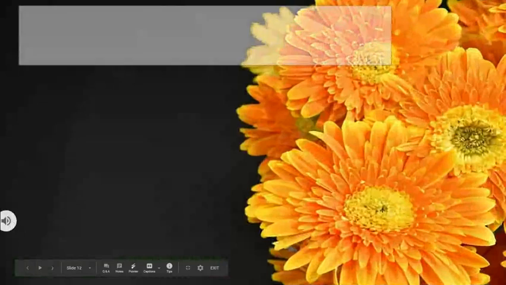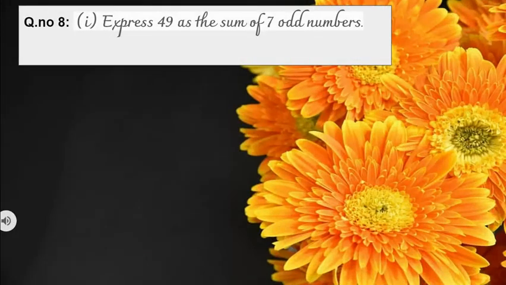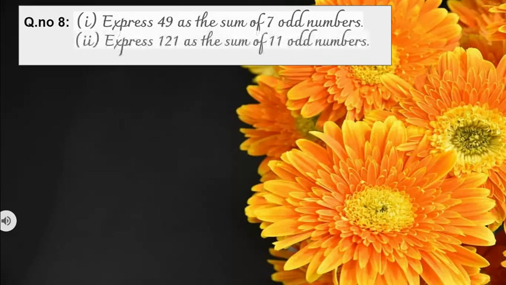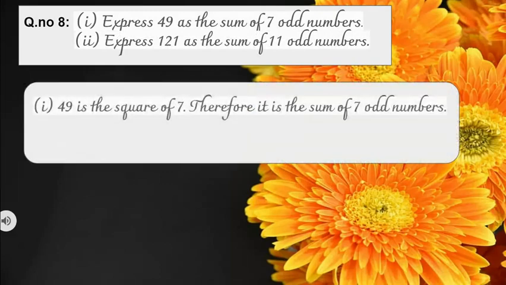Now, question number 8. Two questions are there. Express 49 as the sum of 7 odd numbers. Express 121 as the sum of 11 odd numbers. So here, the first number is 49. So 49 is nothing but 7 square, isn't it?